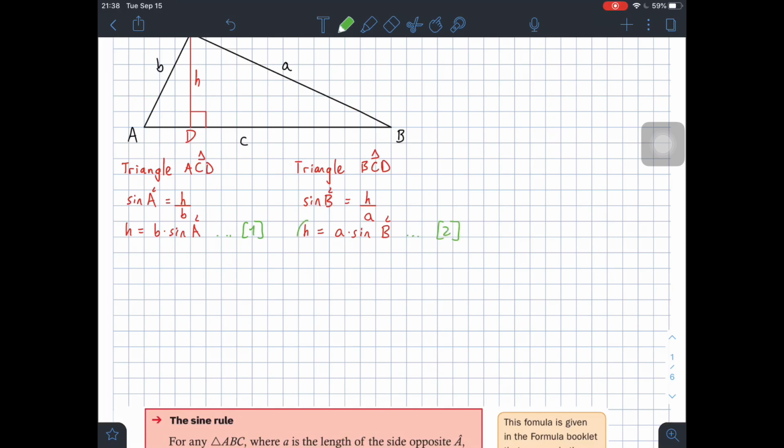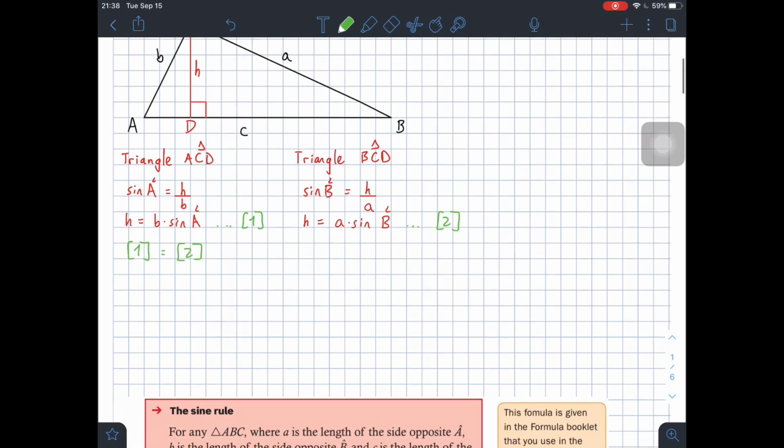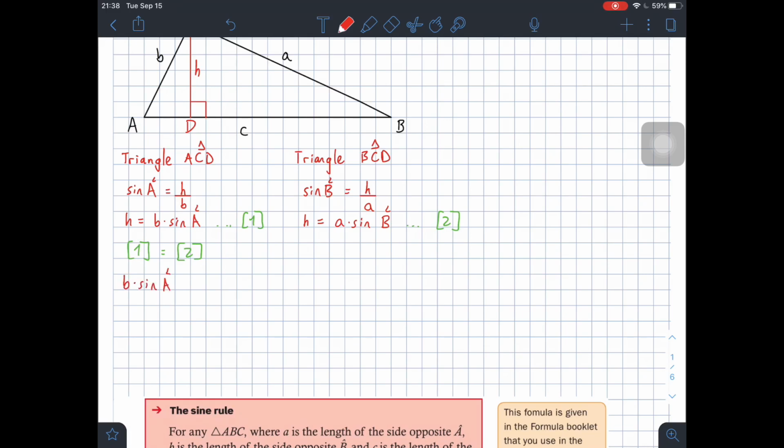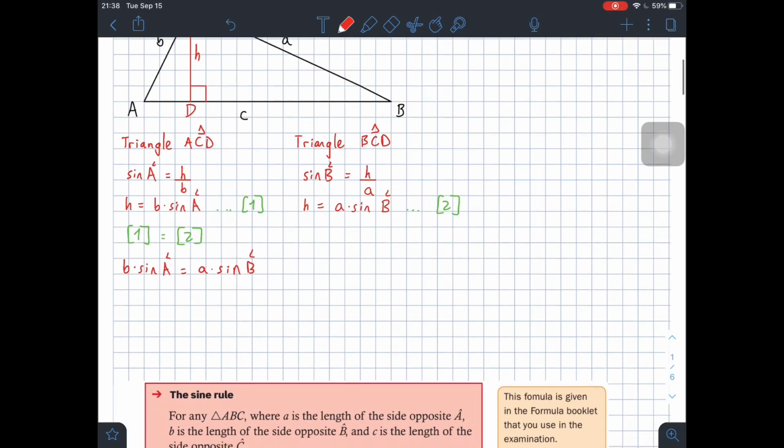So since I have H and H here, then I can equate both equations, right? I can say that equation 1 is equal to equation 2 because we're talking about H in both cases. And by doing that, I'm going to get that B times sine of angle A is equal to A times sine of B. And then if we reorganize terms, we're going to get the sine rule, which you're going to remember.